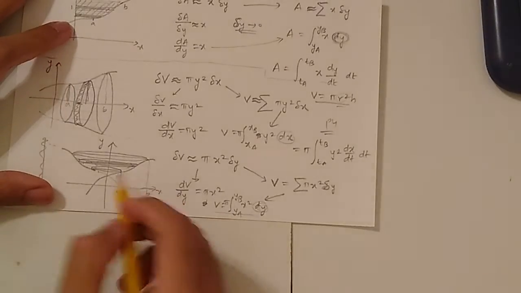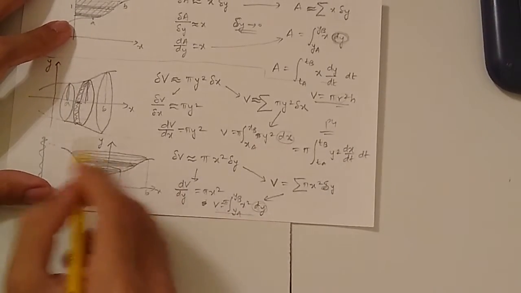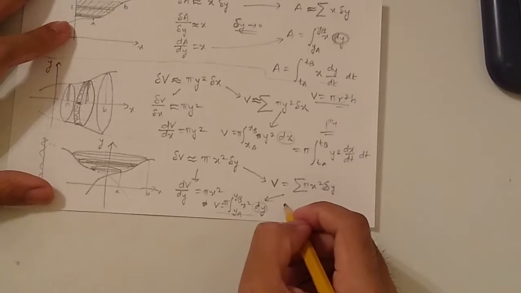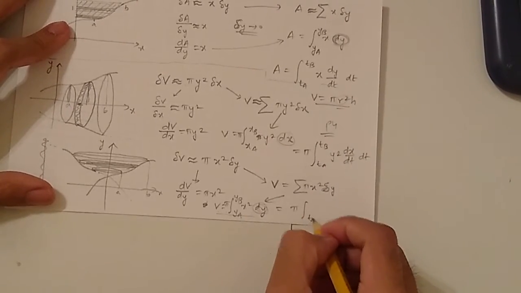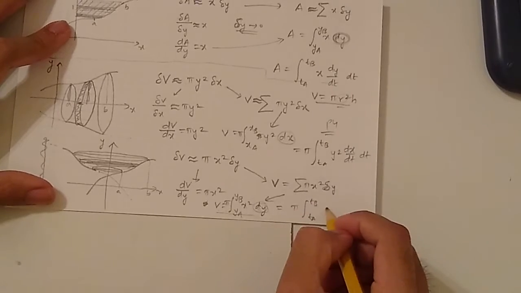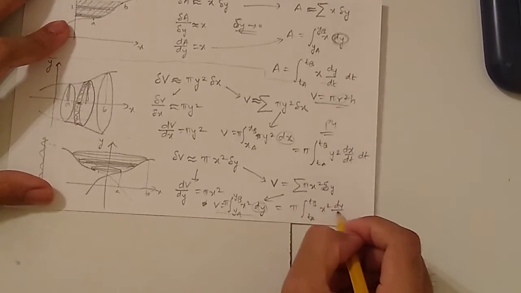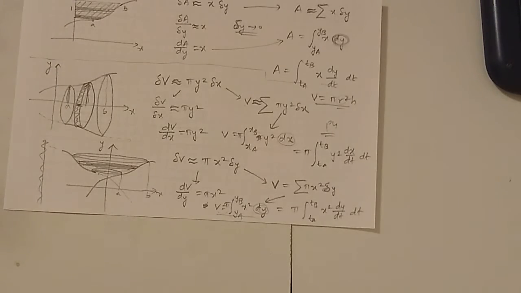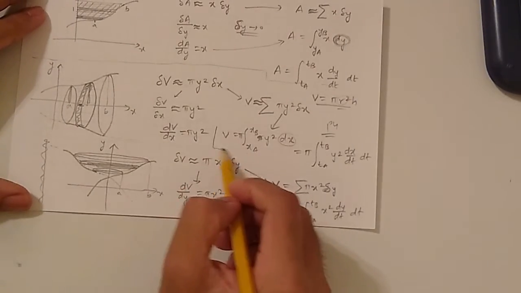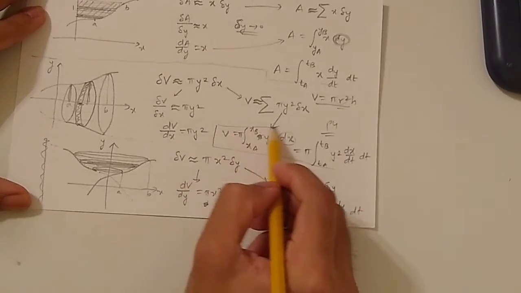If you are revolving it around the y-axis 360 degrees, you will have pi into the integral from ta to tb of x squared into dy by dt with respect to t. Again we need to note this formula because this one is not a part of the P4 syllabus.